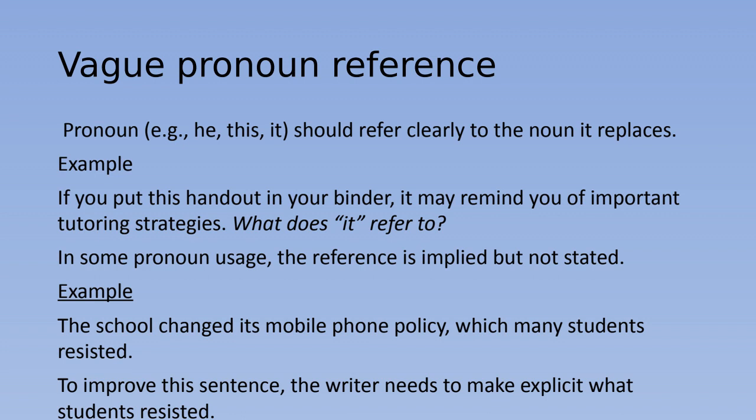So the important thing is to be as specific as possible, particularly when you'll be using the work of other authors to support your judgment, to support your ideas. So you need to be able to put it over as correctly as possible. So when it says vague, that means you don't want to be at all vague, because otherwise you're unsure what you're referring to. So the pronoun he, this, or it should refer clearly to the noun it replaces. And if it's not completely clear, then that's where ambiguity occurs.